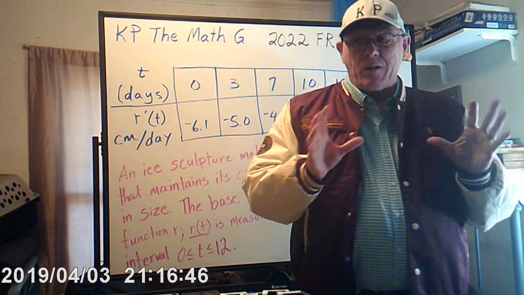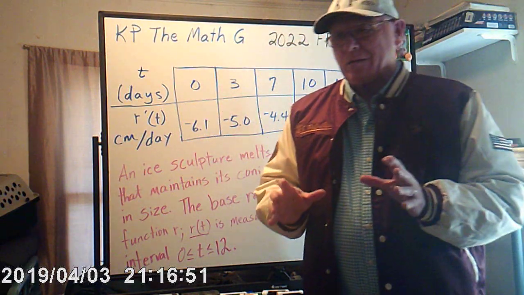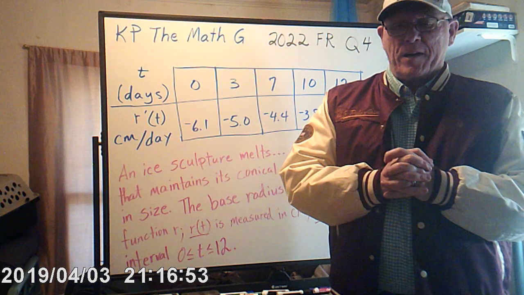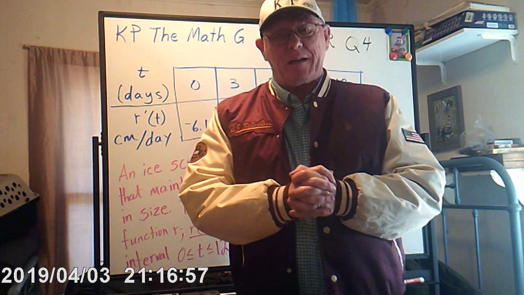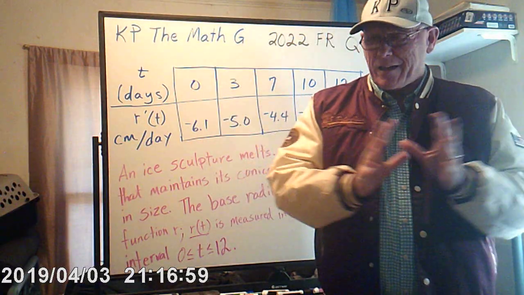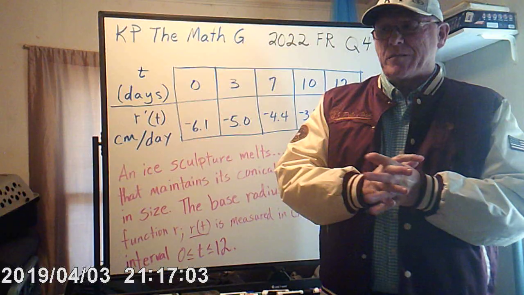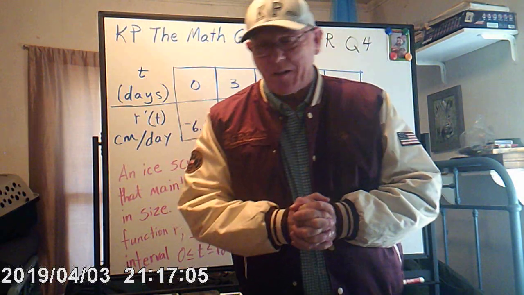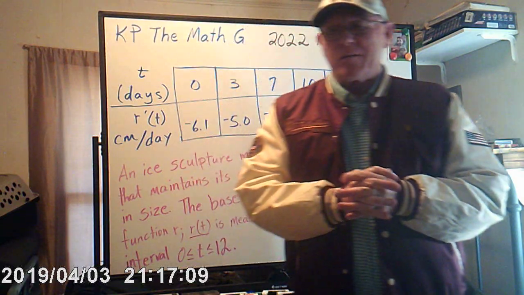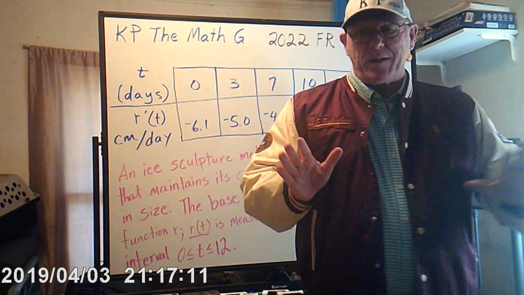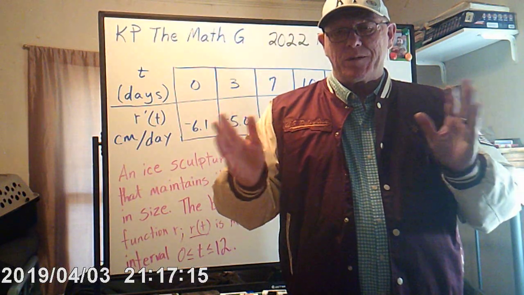Actually, every one of you at this point should be able to do part A by now. If you're still stuck, I'm going to show you how to do part A, and then I'm going to show you how to do part B. And bear in mind, we are dealing with something in between two numbers.